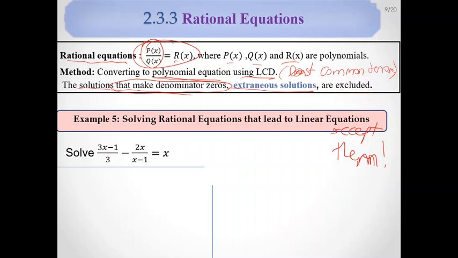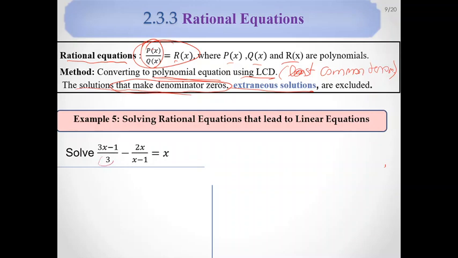Now let's look at this example. Look at this equation. In this equation we have two fractions and their difference is equal to x.